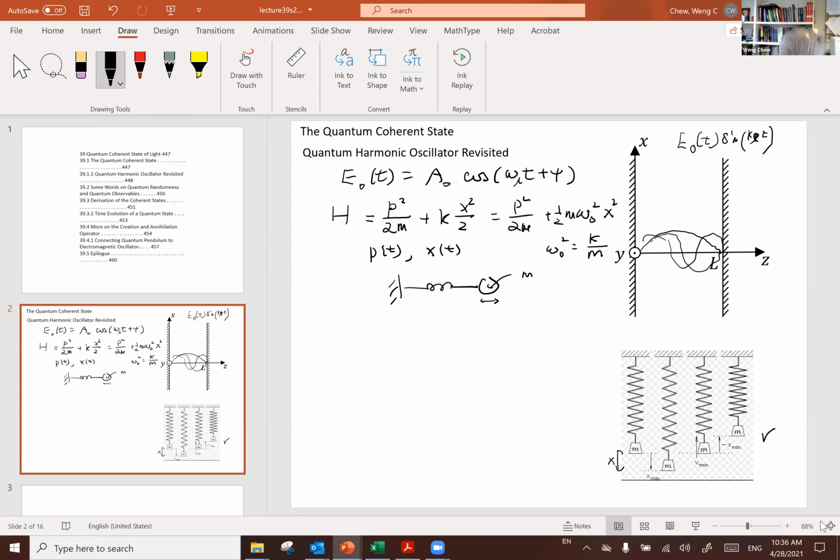But if this particle is moving quantum mechanically, it has to be described by a wave function. The position of the particle is not deterministic anymore, but fuzzy. So instead, we have to convert this into something that looks like a wave equation. So we convert this into an equation that looks like this.